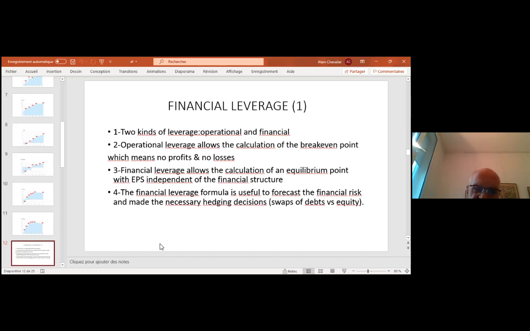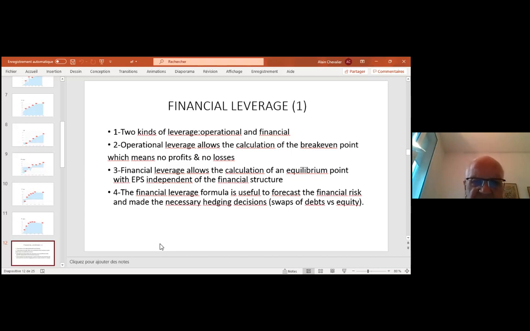So, to summarize, leverage is an analysis of fixed costs and variable costs, first at the operational level, which means the income statement between the sales level and the EBIT, and second, as far as the financial position is concerned, between the EBIT and the bottom line of the income statement, the operating income or net earnings, as you prefer.